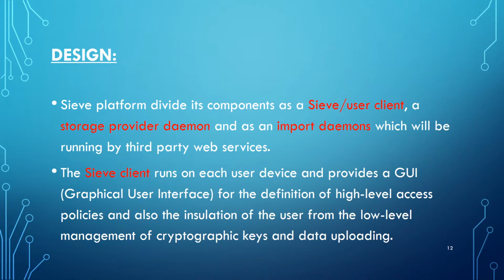The Sieve client runs on each user device and provides a GUI, a graphical user interface, for the definition of high-level access policies, and also shields the user from the low-level management of cryptography keys and data uploading. In other words, the Sieve client is a GUI. Everybody knows, of course, what a GUI is. So in the client is where you define how you manage your policies, and also, as mentioned, shields the user from the low-level management.